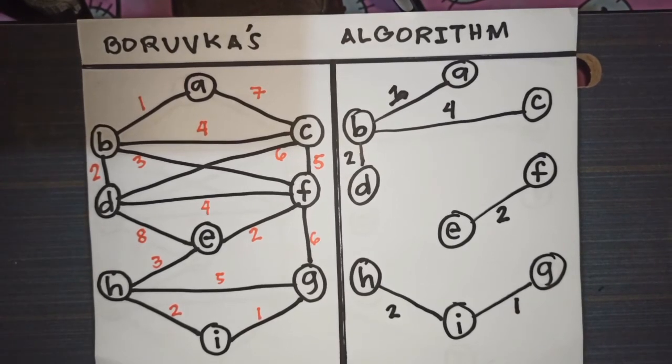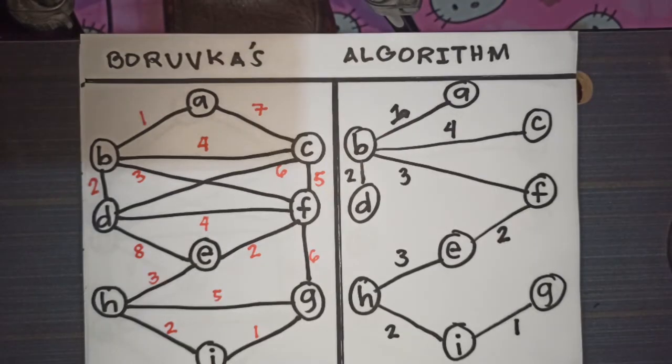The next step is to combine the graph using the edge with least weight. We need to complete the graph so that all vertices are connected. So, since the edge of E to H is smaller, we use it. As you can see, the graph is completed. Now we are going to compute its weight.